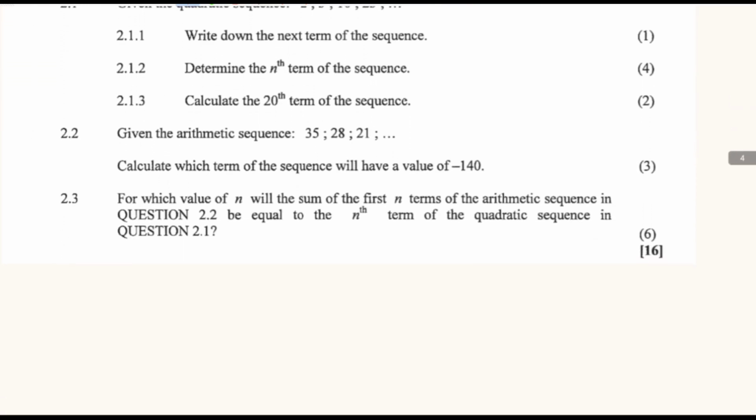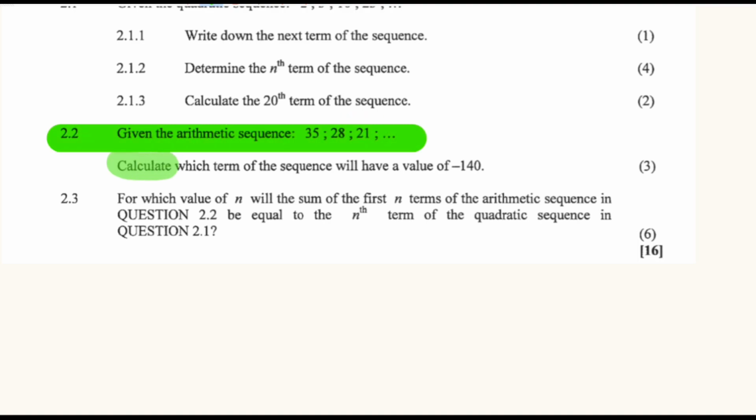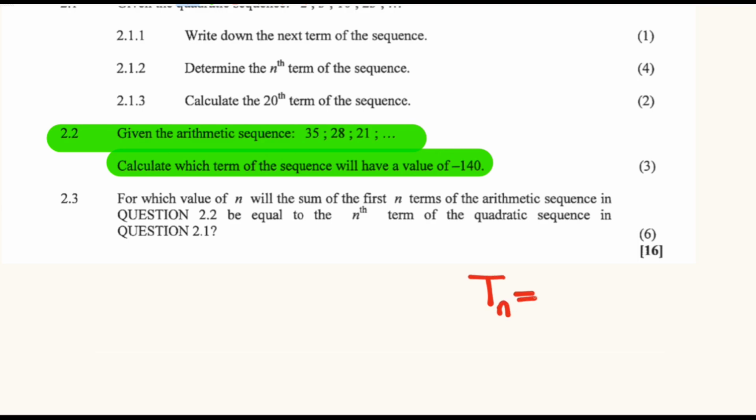Question 2.2, we are given the arithmetic sequence with 35 as the first term, 28 as the second, 21 as the third, and we calculate which term of the sequence will have a value of negative 140. Tn in this case is equal to negative 140, and we are to determine n.